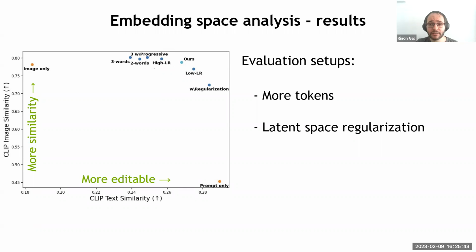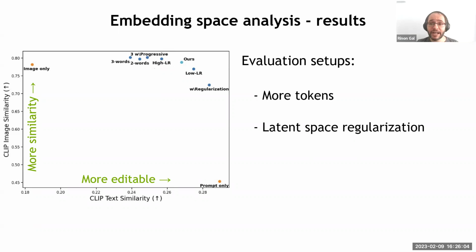So we can actually see that there's some sort of trade-off within this word embedding space, right? If we use words which reside closer to the distribution of real words, to things that the model has seen during training, we can get better editability, but it's harder to represent our concept when we're constraining ourselves to this smaller space.